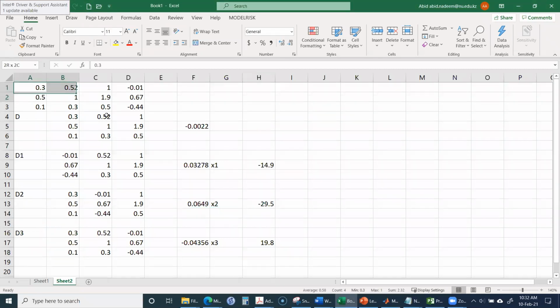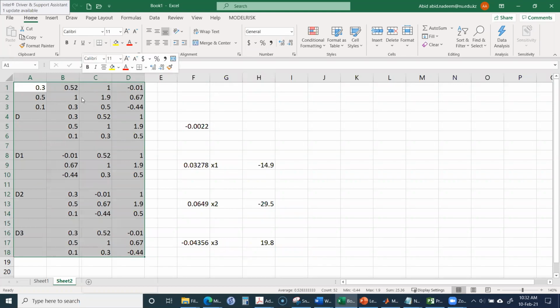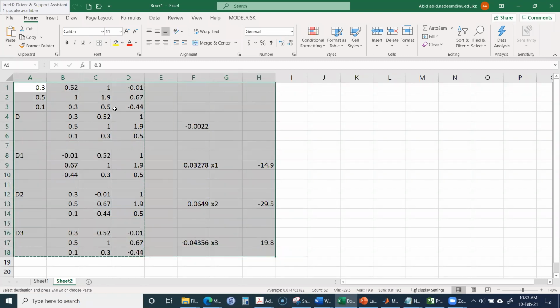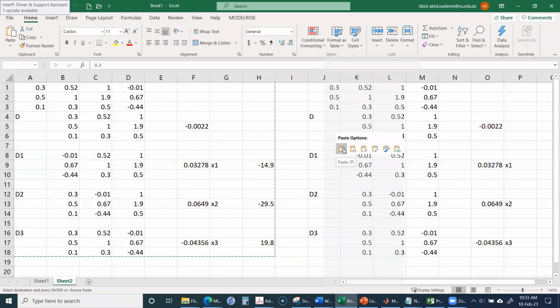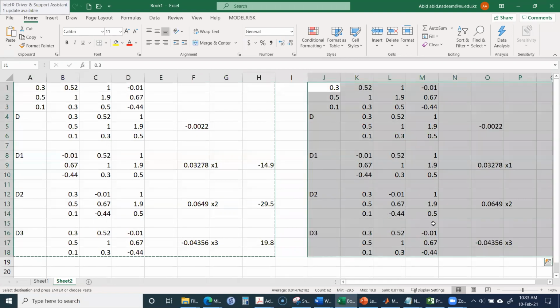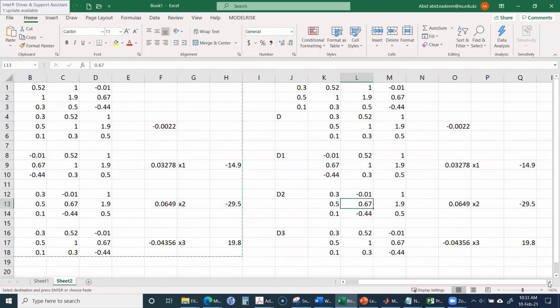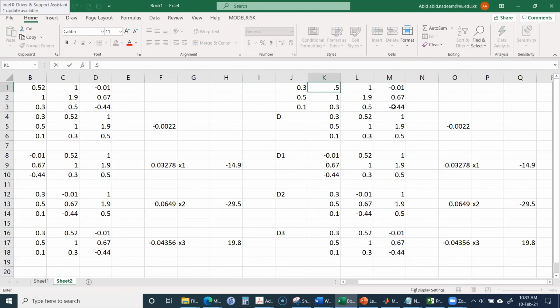But suppose now I do some slight changes in this. So if I do some slight changes, instead of 0.52, I put 0.5 here.